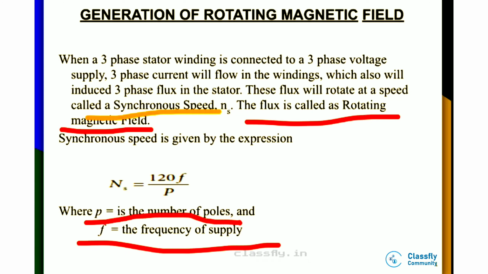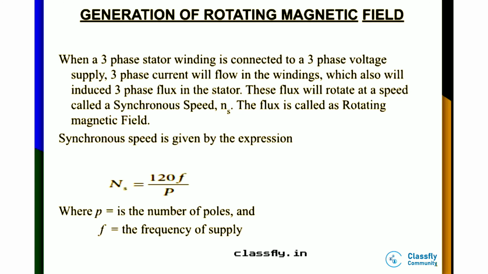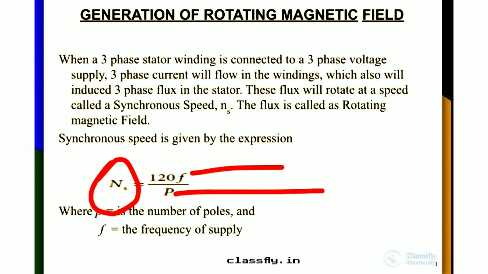So let's brief all the points: in a stator we give three-phase supply. At that point, current will flow through the winding which will induce EMF, and that flux which rotates at a synchronous speed is a rotating magnetic field. The expression for the synchronous speed is Ns, where f is the frequency of the supply and P is the number of poles. I hope you understood till this. Now let's move on.